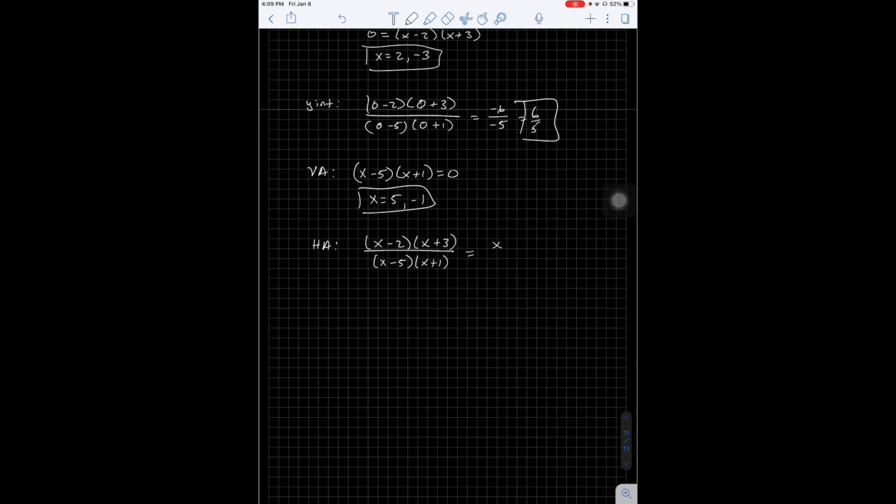So this is going to be x squared plus 3x minus 2x and a minus 6. And down here it's going to be x squared plus x minus 5x is a minus 4x and a minus 5. Okay, so that's my function, and now I'm going to take the limit as x goes to infinity of this guy.